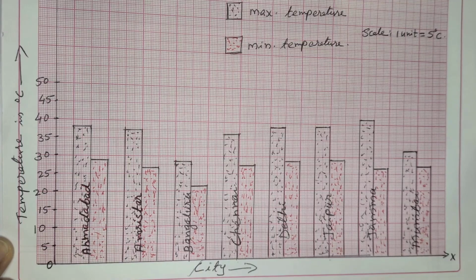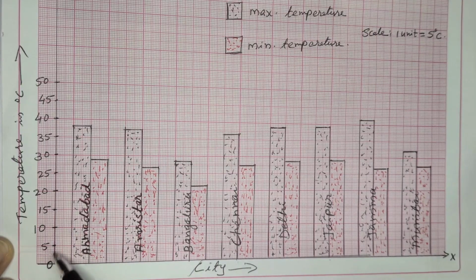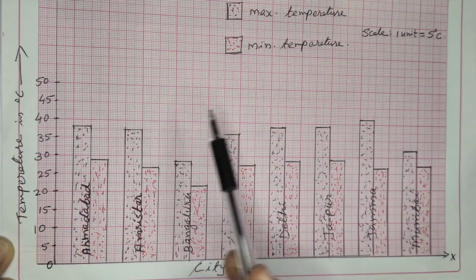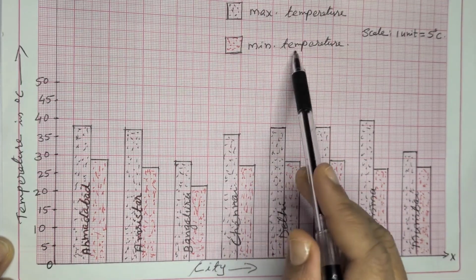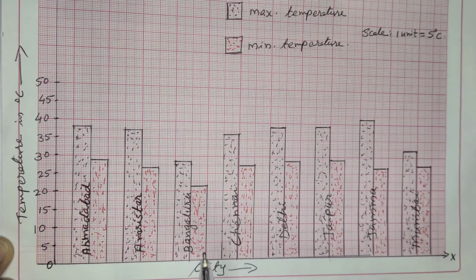So here OX representing different cities, this side representing temperature in degrees Celsius. Scale 1 unit is equal to 5 degrees Celsius. First square representing maximum temperature, second one with the red dots representing minimum temperature. So different cities here.